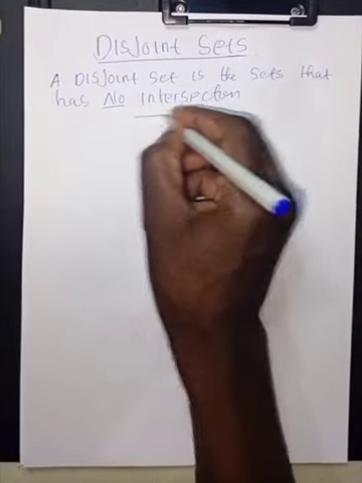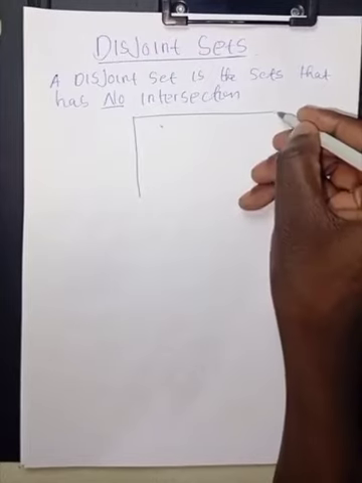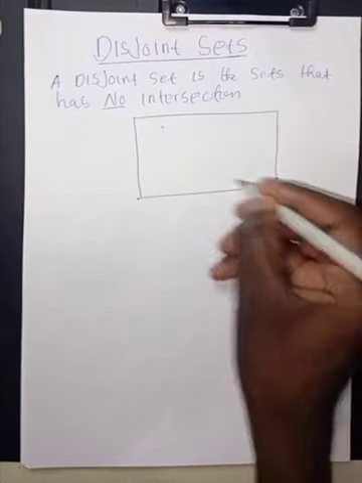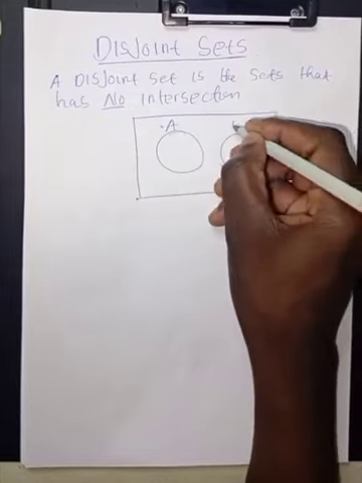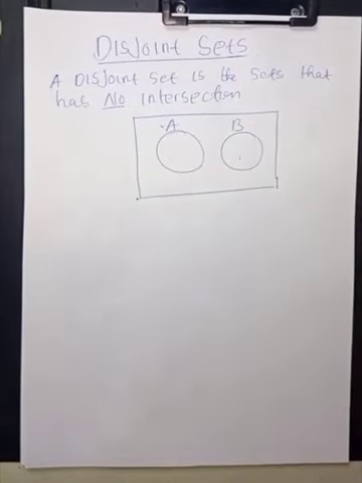We can have the Venn diagram like this, then you can have set A and set B. Meaning these two sets are disjoint. They are not joined together. So to be disjoint means they are not joined together.